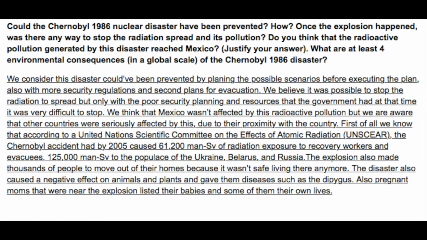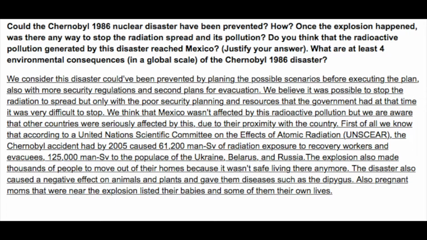We consider these disasters could have been prevented by planning the possibilities of these scenarios before executing the plan. Also, with more security regulations and second plans for evacuation. We believe it was possible to stop the radiation from spreading, but only with the security planning and resources that the government had at the time.